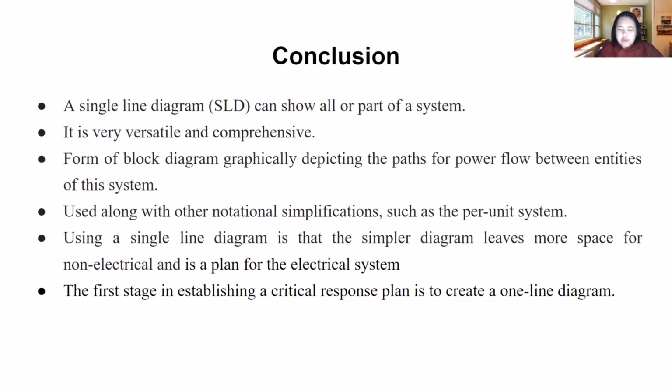A secondary advantage of using a single line diagram is that the simpler diagram leaves more space for non-electrical information, such as economic information, to be included, and a single line electrical diagram is a plan for the electrical system.